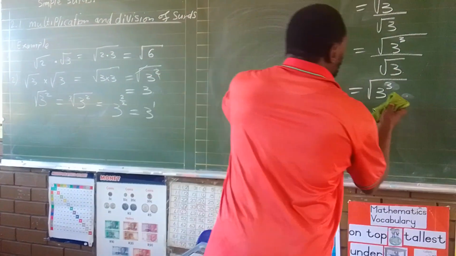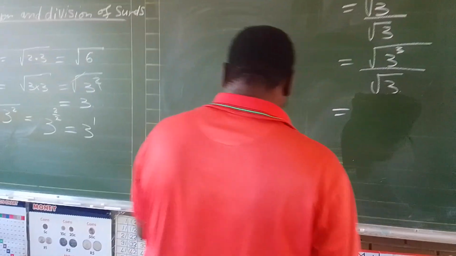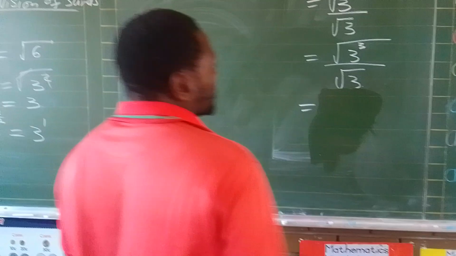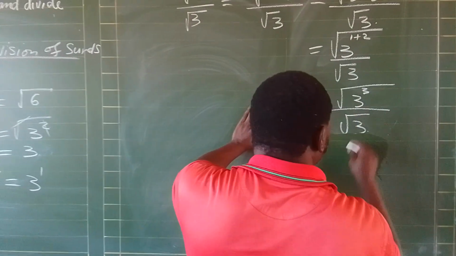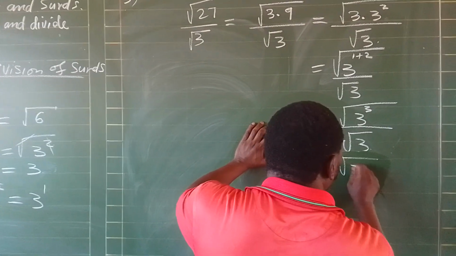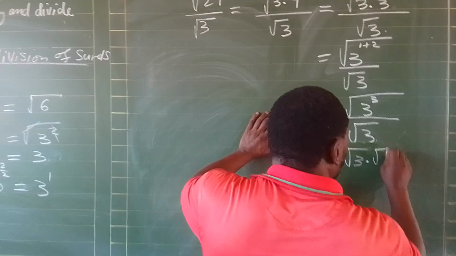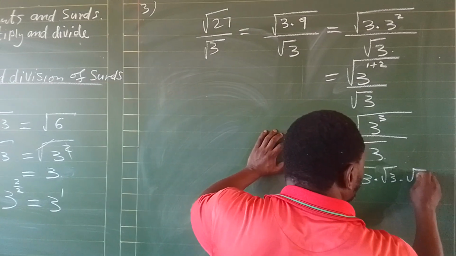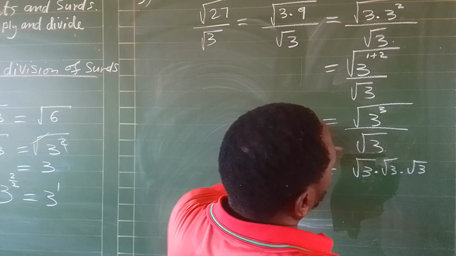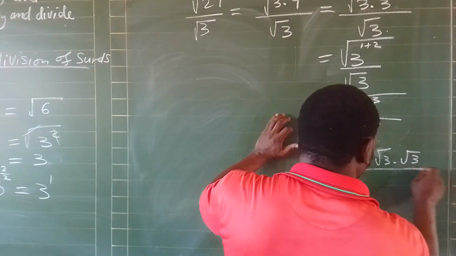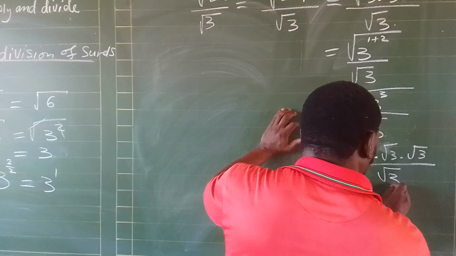I want to make it simple so that everyone can see how you got to the final answer. Square root of 3, this is the same as square root of 3 times the square root of 3 times the square root of 3. This is square root of 3 to the power 3, all divided by the square root of 3.